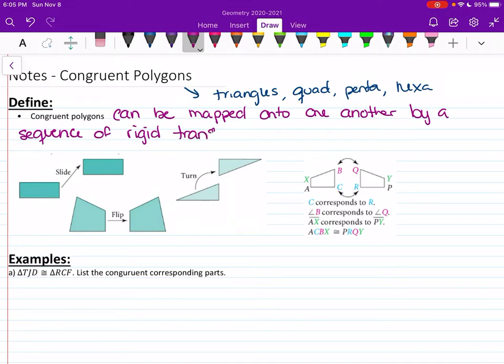And so when we talk about rigid transformations, oh my gosh, if I could spell today.